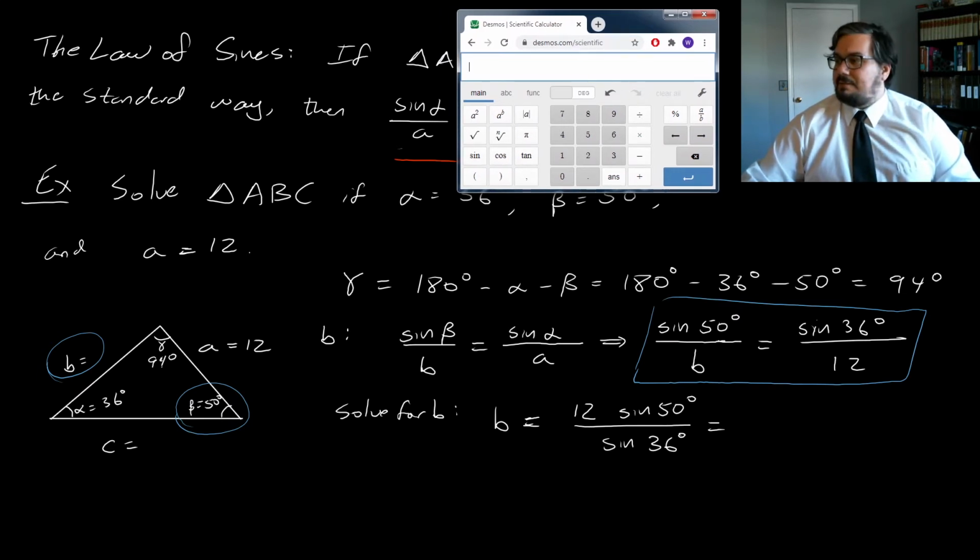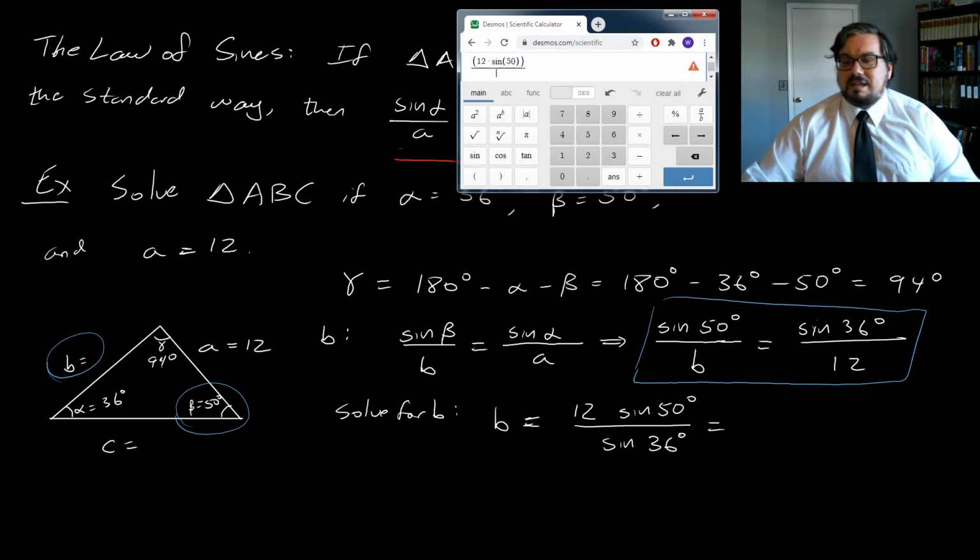So let's go ahead and figure out what this B would be. We get 12 times sine of 50, and I do a quick double check that I'm in degree mode because it's easy to forget to do that.